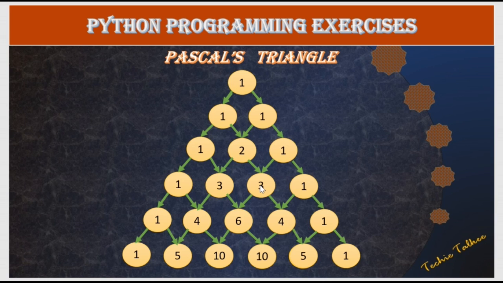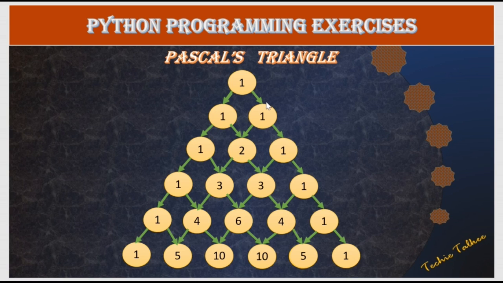Now let me explain how to write a Python code for this. From the first line of numbers, we are going to generate the second line, and from the second line we are going to generate the third line, and it keeps going on. So to generate this pattern, I need two lists. The first list stores the values of the first line and the second list stores the values of the second line.